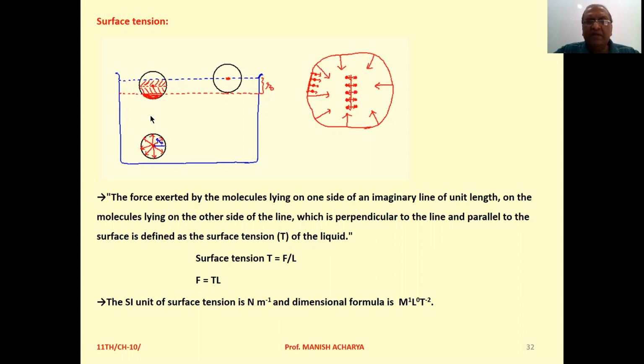Now as we go up in this layer, suppose we consider the molecule which is exactly at the surface. Then by taking this molecule as a center, if we imagine a sphere, half the sphere will be filled with liquid and half the sphere will be empty. It implies that the maximum downward force will be on the molecules which are on the surface. Clear to all of you?